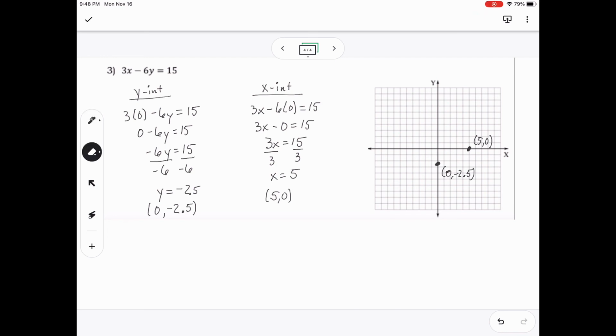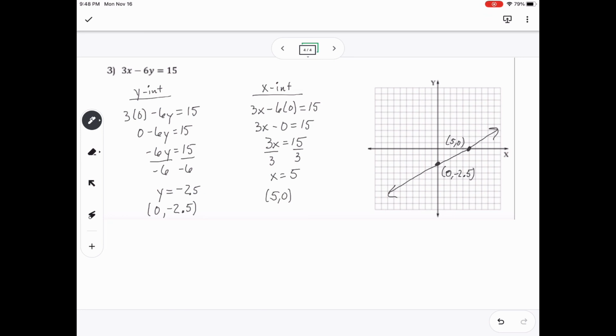And actually, just to be safe, let's move this label out of the way. There we go. Now we can make a straight line right there. Okay, and then that'd be my answer.